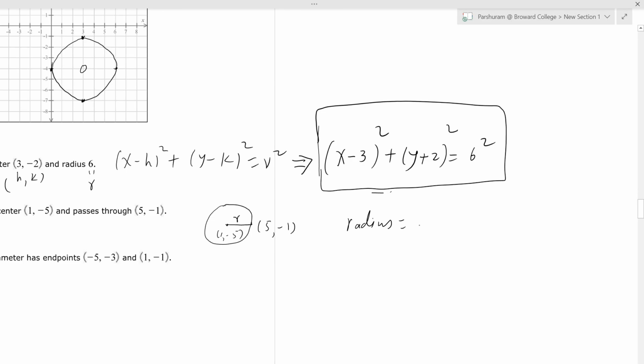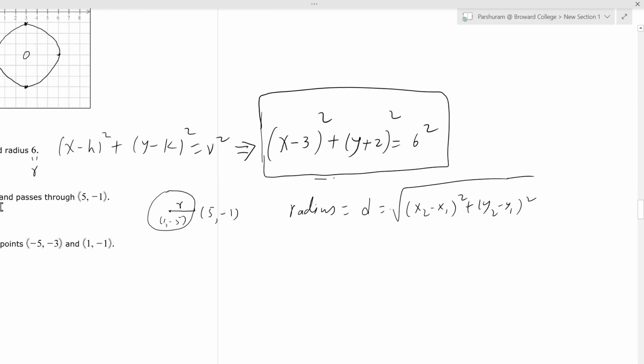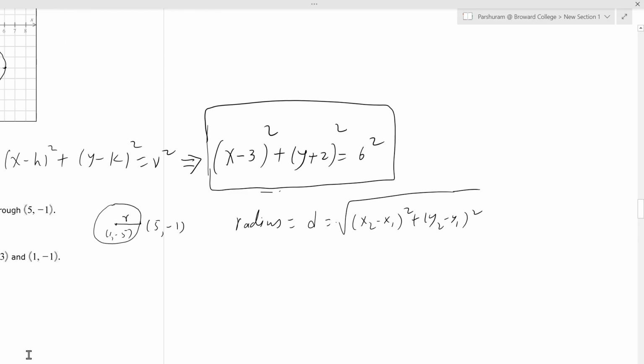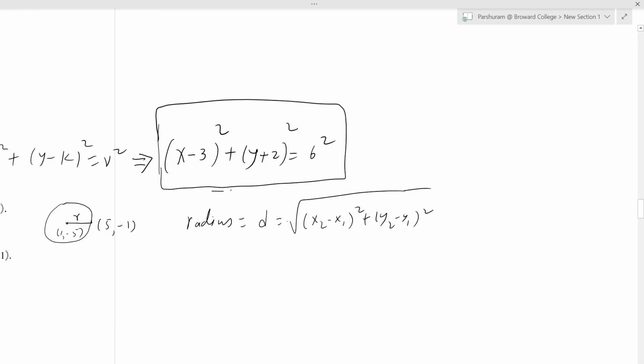So we have to use the distance formula, which is x2 minus x1 squared plus y2 minus y1 squared. In this case, you can assume one point is x1, y1 and the other point is x2, y2. So I'm assuming 1 and negative 5 as x1, y1 and 5, negative 1 is x2, y2.